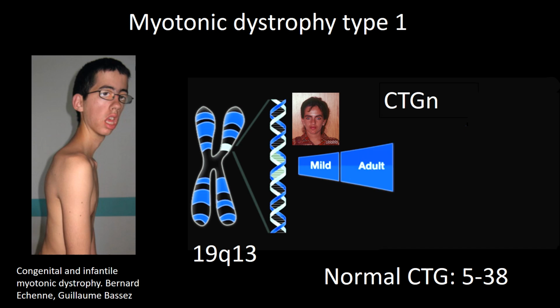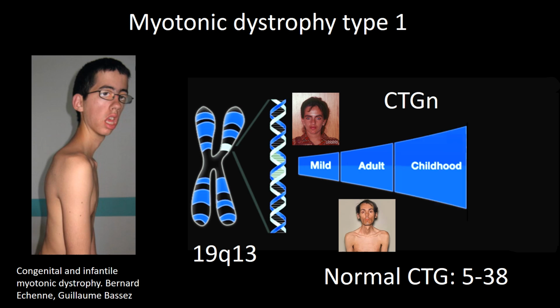Patients with slightly larger expansions tend to start manifesting overt signs of the disease as adults, although if examined at a younger age, myotonia is often evident. Some of these patients die of cardiac arrhythmia before they seek attention for their weakness.